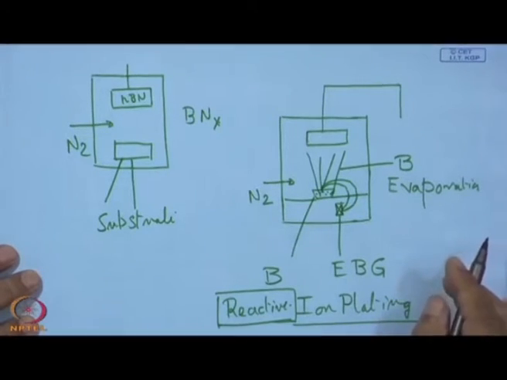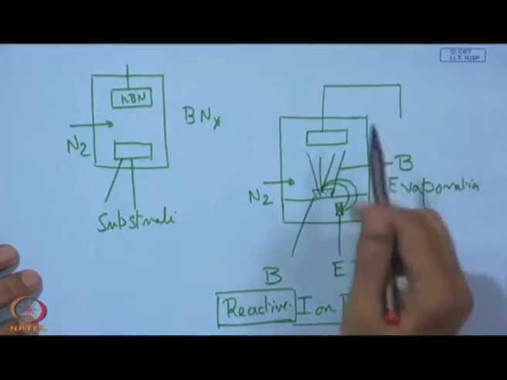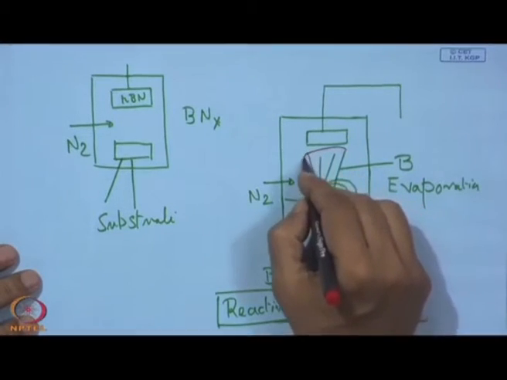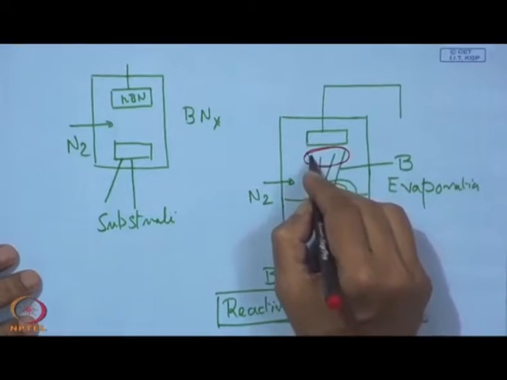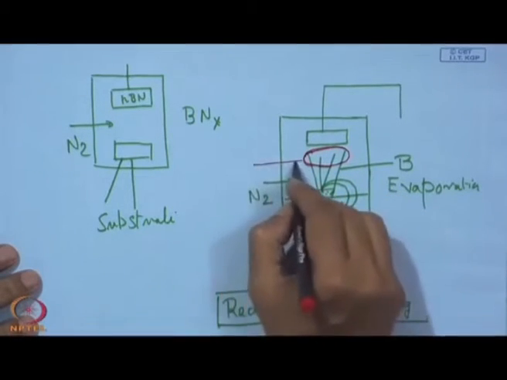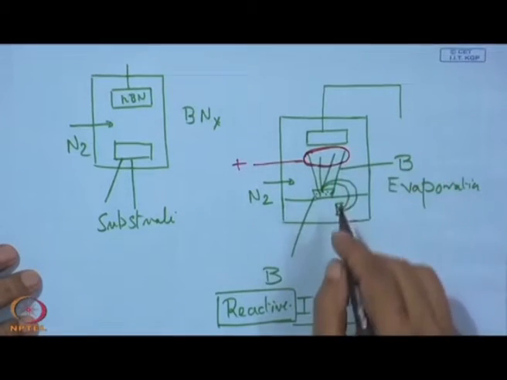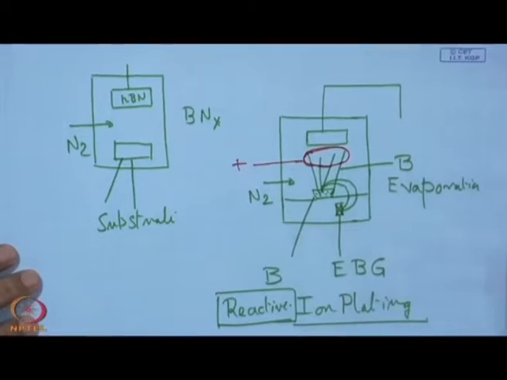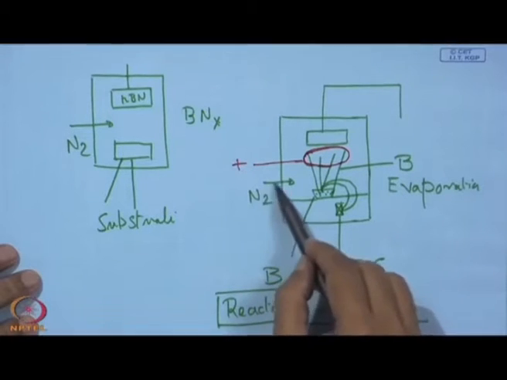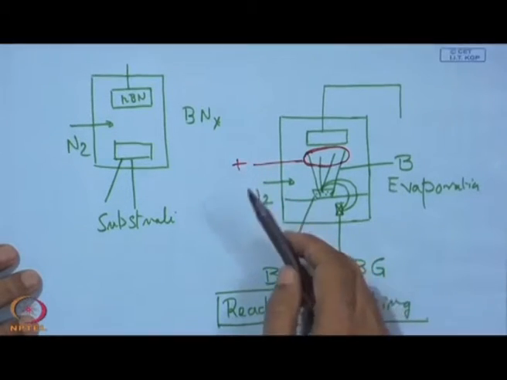Of course, just like a conventional ion plating, we must also bring a probe, a ring with positive polarization, so that electrons will be drawn onto this surface, and this nitrogen will also be ionized.